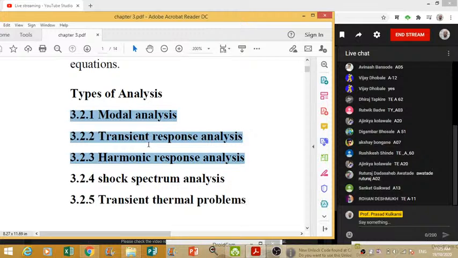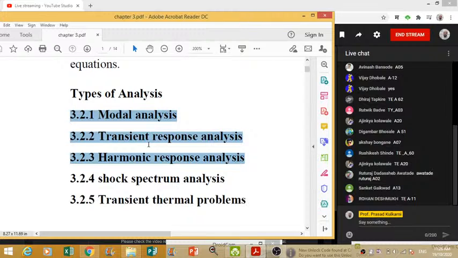It is also a solver like ANSYS, but ANSYS provides a good graphical user interface for modeling different components also. Other softwares only provide the solver features. Only results can be calculated, but different CAD models are very difficult to draw in those softwares. Therefore ANSYS has become more popular nowadays. Now first of all we will discuss modal type of analysis.